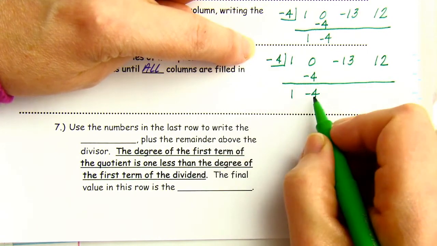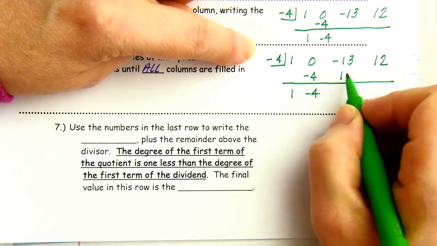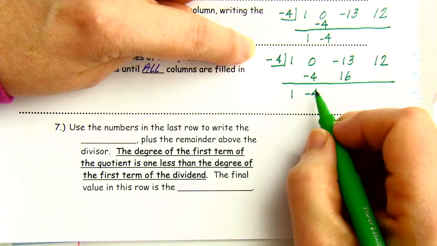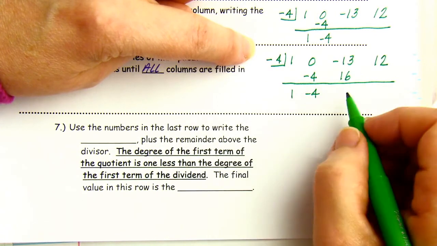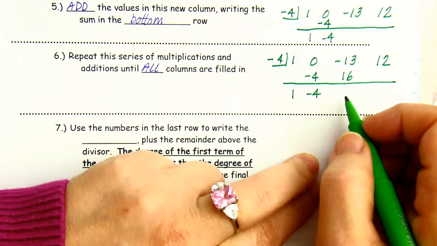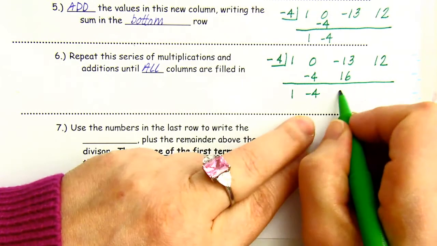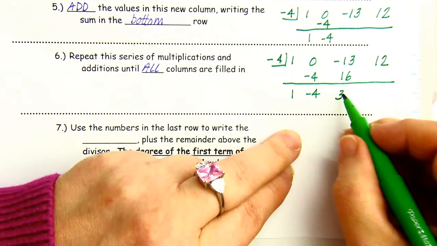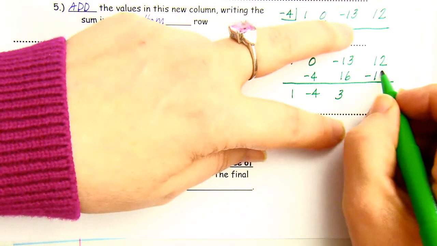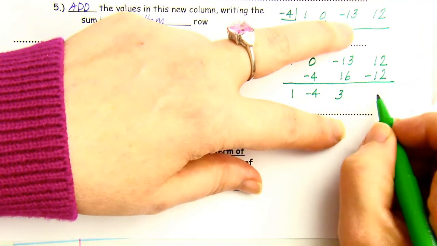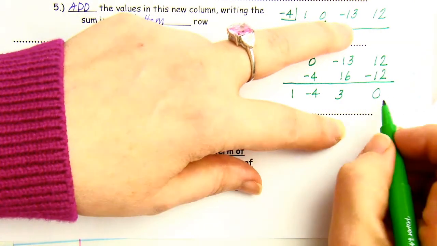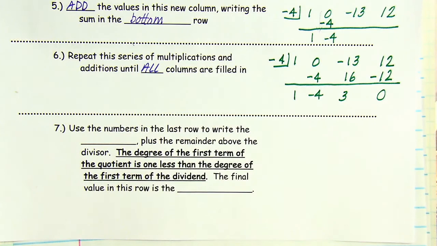On the diagonal, we multiply. Put the product here. Negative 4 times negative 4 is positive 16. Add. Negative 13 plus 16 is 3. Multiply. Negative 4 times 3 is negative 12. Add 12 and negative 12. The sum is 0.